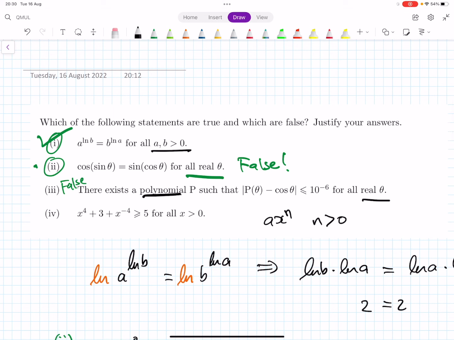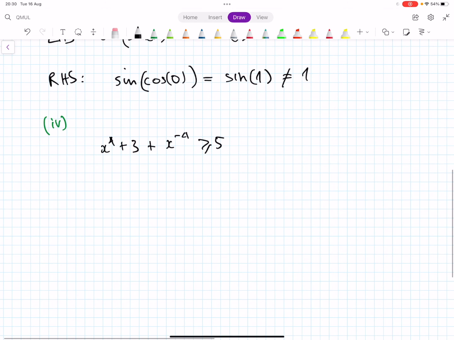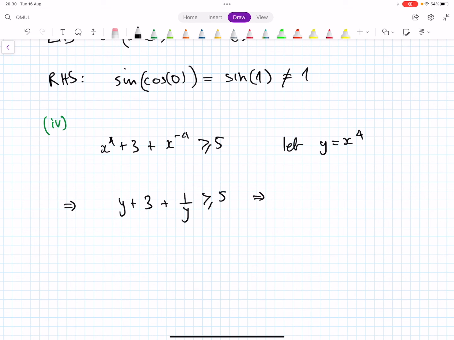And lastly, x to the 4 plus 3 plus x to the minus 4 greater than or equal to 5. Well, if we let y be x to the 4, that means we have y plus 3 plus 1 over y greater than or equal to 5. So that implies y squared plus 3y plus 1 greater than or equal to 5y.